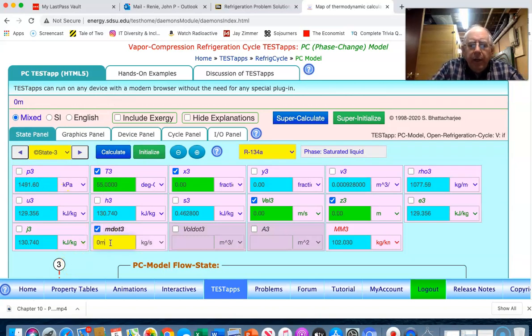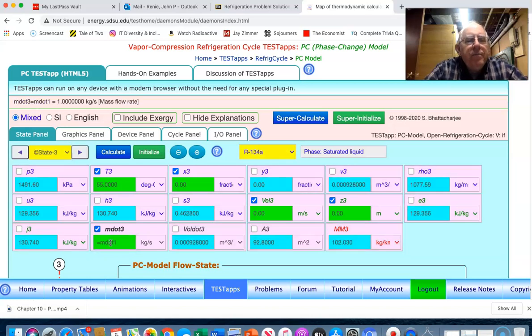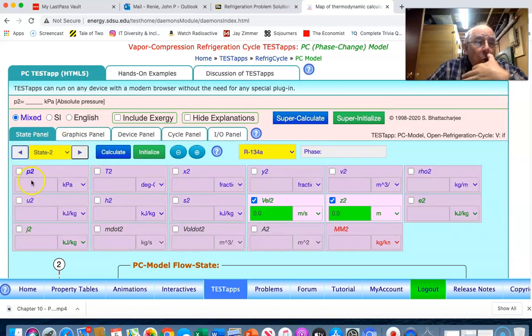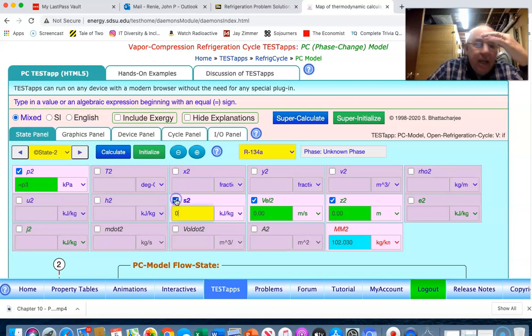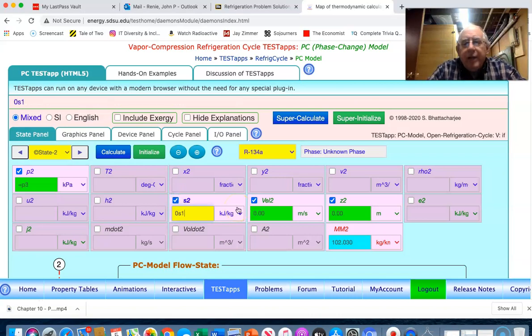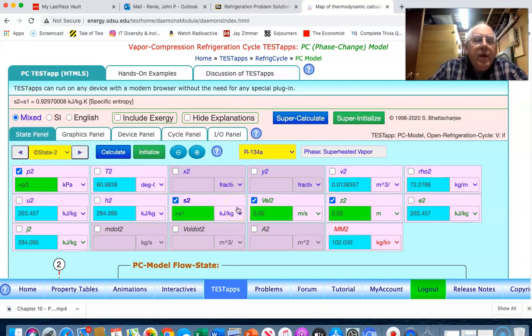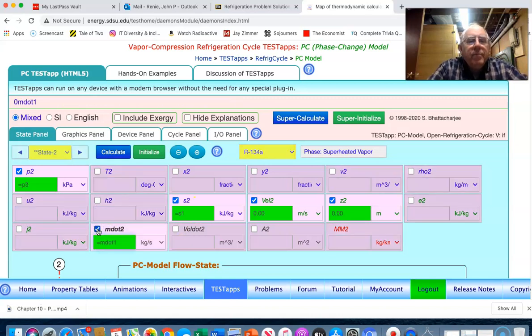Again, I'm going to put in an m dot equal to 1 here. So now we have state 1 and state 3. We're ready now to go back to state 2, which we know is at the same pressure as state 3, now that we've determined that, and we know that the process was an isentropic process coming from 1. And again, it also has m dot equal to m dot 1.